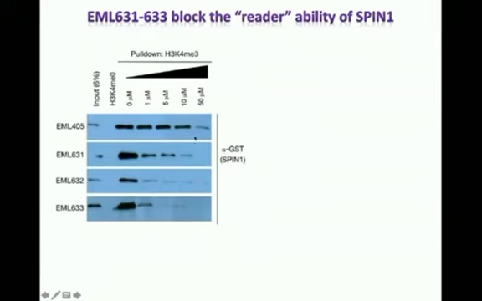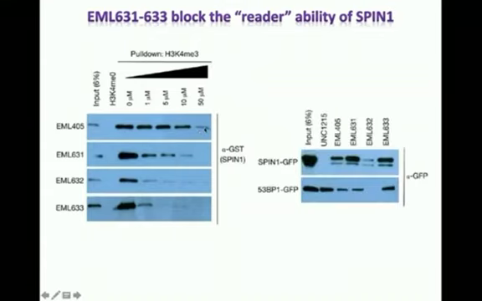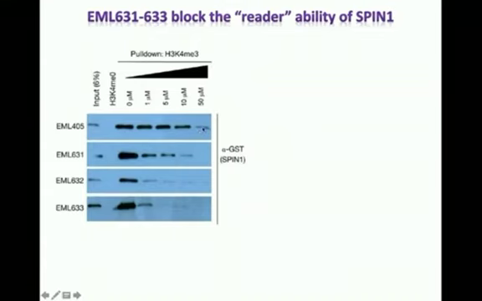For example, let's take this band, you can see SPIN1. That means SPIN1 is bound to the signal, and this inhibitor failed to prevent the binding. But in these cases, you can see there is no SPIN1 here. That means SPIN1 couldn't bind to the signal because the presence of the inhibitor at a very high concentration, 50 micromolar, inhibited the binding between SPIN1 and its signal.